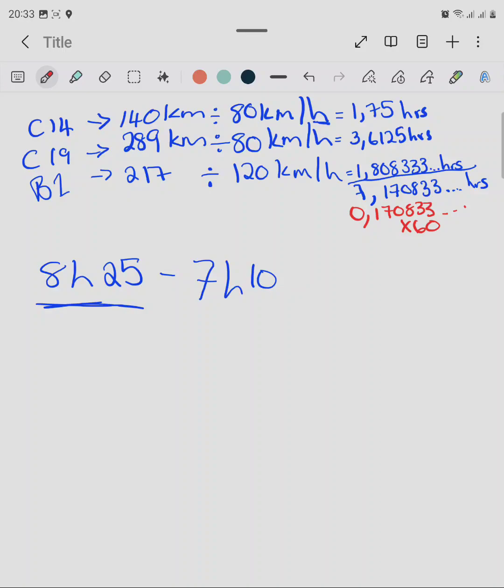When you multiply that by 60, you get 10 minutes. So that's where that 10 is coming from.